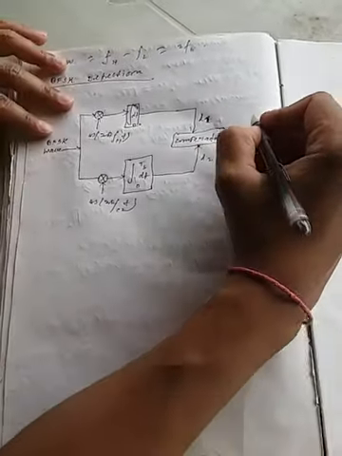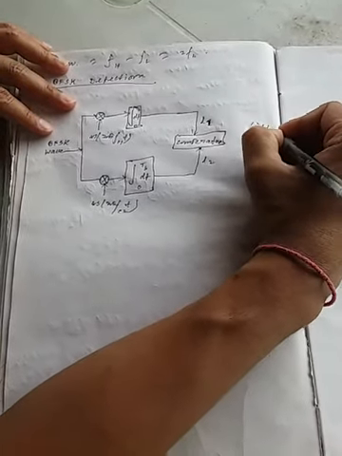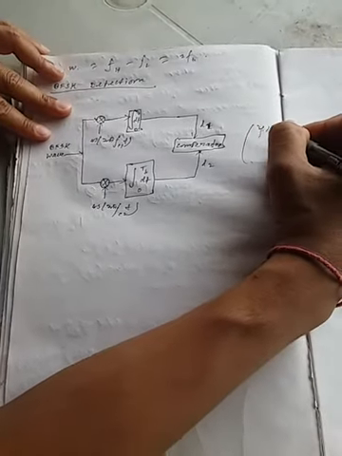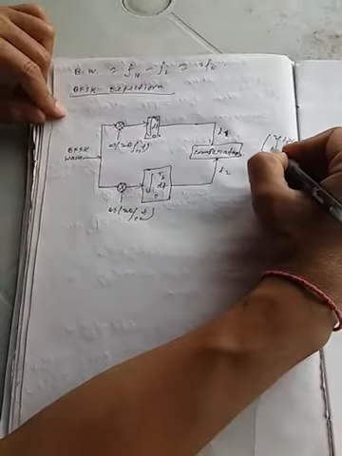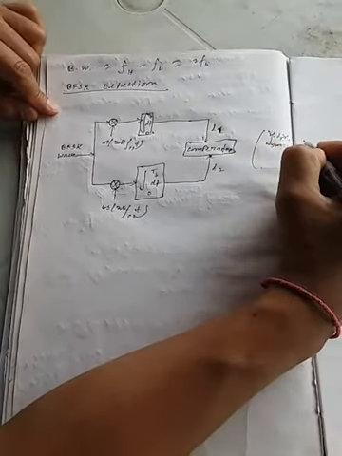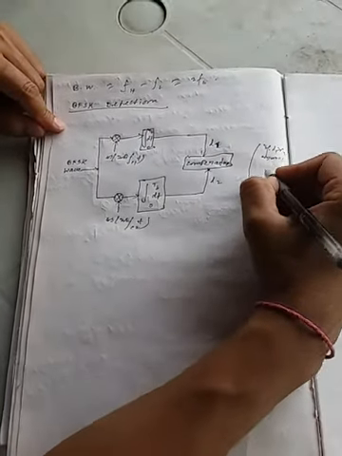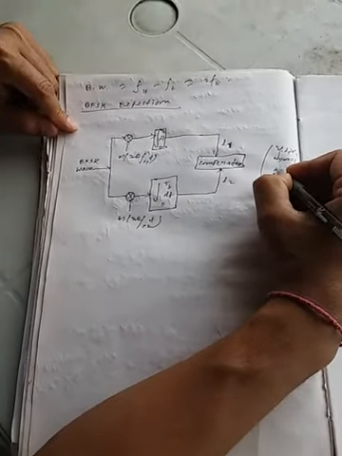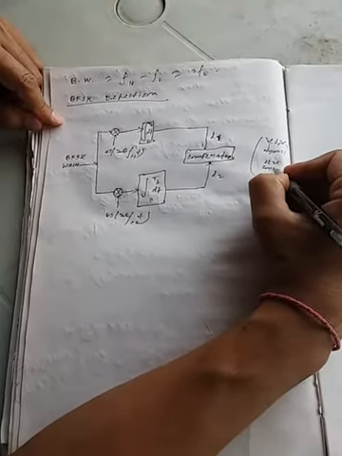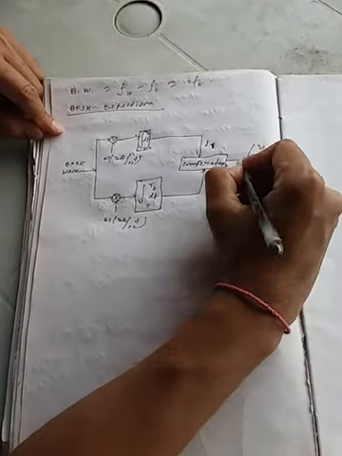If L1 is greater than L2, then the symbol will be 1. Else, if L1 is less than L2, the symbol will be 0, right? So this will be the output.